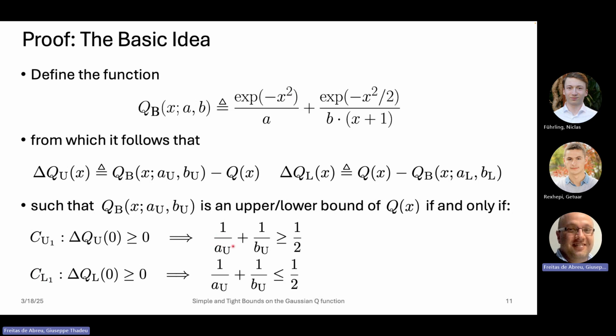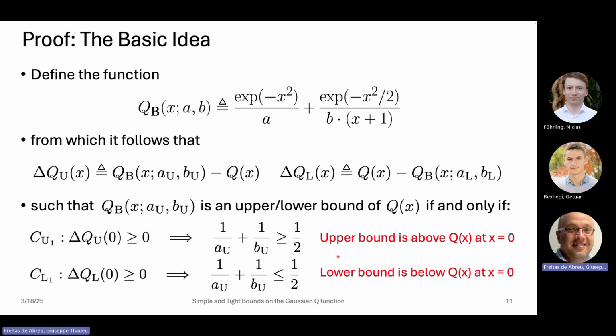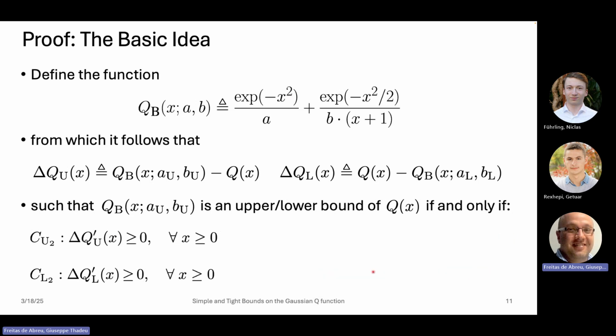So 1 divided by a sub u plus 1 divided by b sub u must be larger than half for upper bounding and must be less than half for lower bounding. So the upper bound is above Q of x, and the other condition ensures that the lower bound is below the Q of x at x equal to 0.